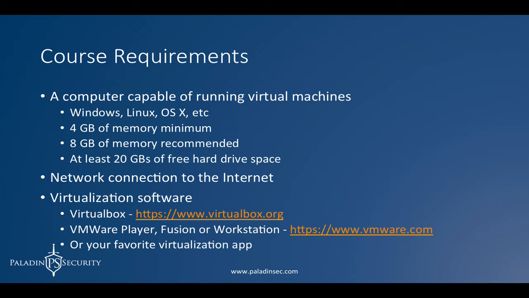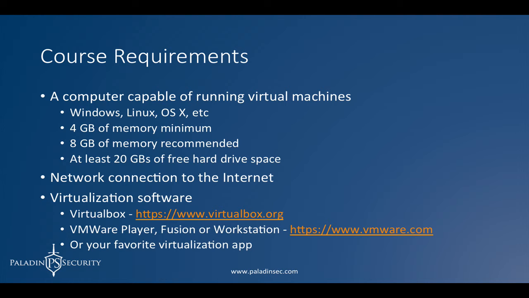That's what I'm going to recommend. Your underlying host should have at least 4 gigabytes of memory. I would recommend 8, though. More memory is always better. And you want to have at least 20 gigabytes of disk space for each virtual machine that you want to run on your system. You're also going to need a connection to the internet. One of our targets is going to be publicly accessible, so we need that connection.